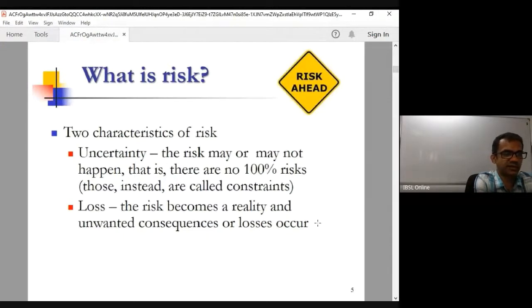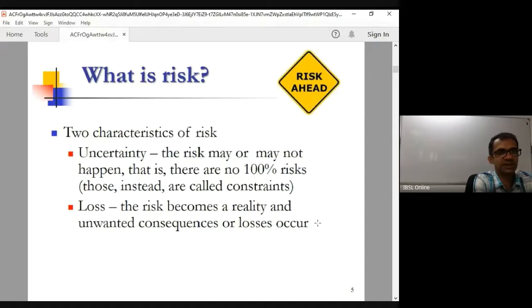But in between, for whatever reason, we may not receive the coupon on time, or the issuer may default, or the yield increases, and then the value of your investment may go down. So our outcome is not what we expected at the beginning.